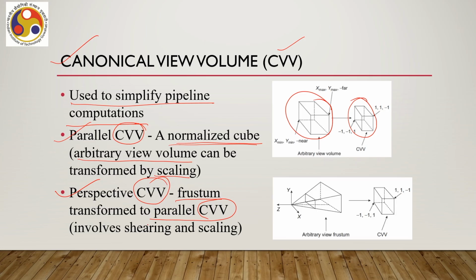To convert a frustum to a normalized unit cube such as this requires scaling as well as shearing operation to change the shape along with change in size. So, the amount of computation involved in such a transformation is a bit more as compared to parallel projection.